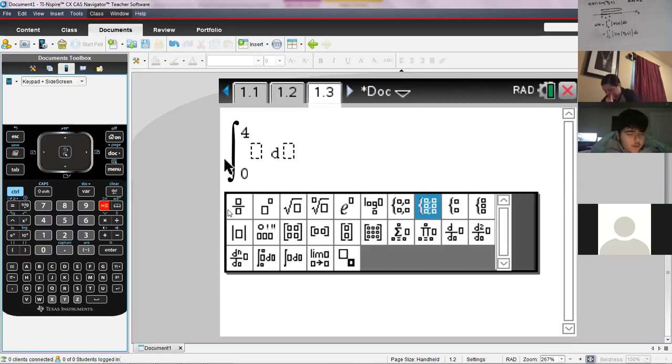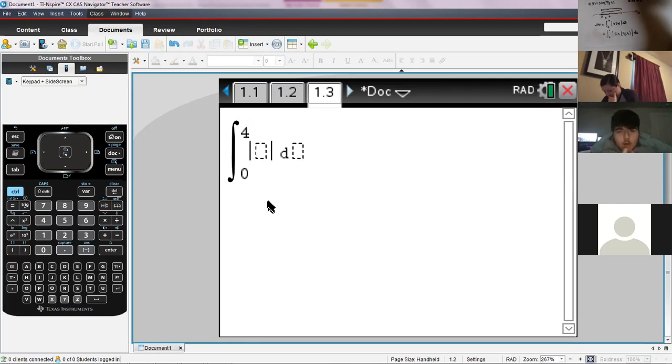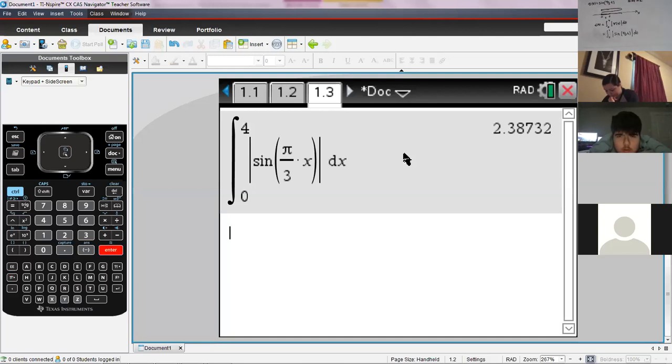Let me just put here the absolute value right here. And then pongo aquí sine, parenthesis, pi over 3, pi over 3 x, and here the dx, correct? So you press enter and you get a number, correct?